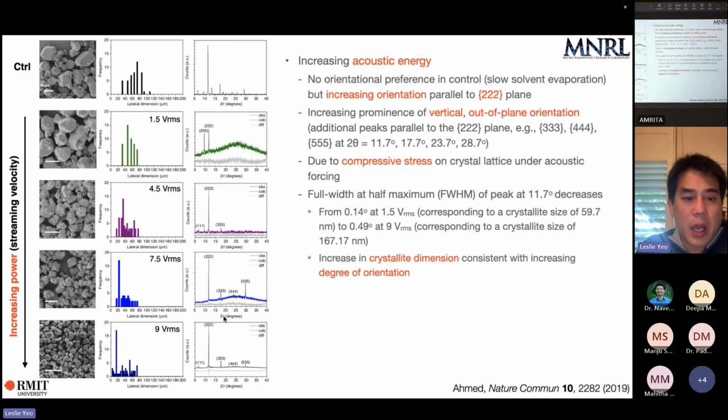But if you look at, say, this last case here, you see highly aligned crystal planes: 111, 222, 333, 444, 555. These are out of plane orientations. So that was really interesting to us. And we're doing nothing, we're just centrifuging these as the crystallization occurs.